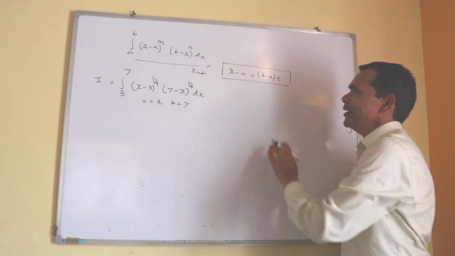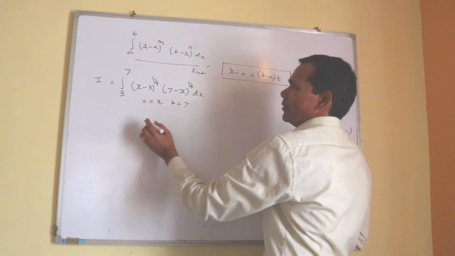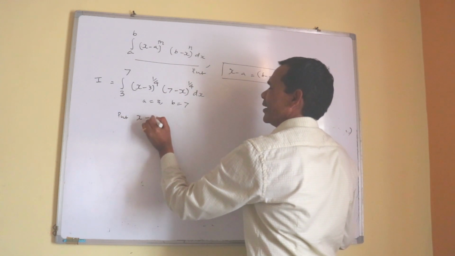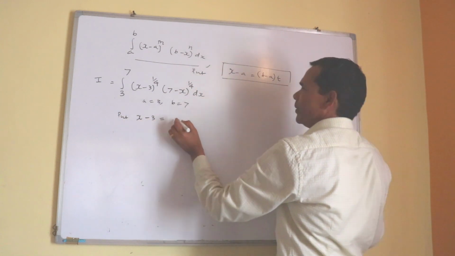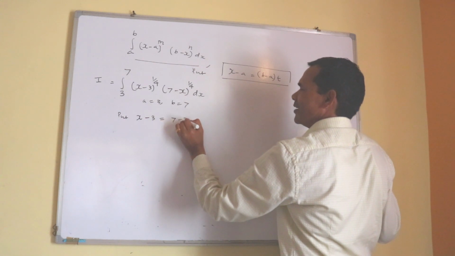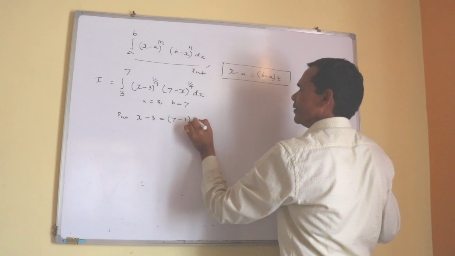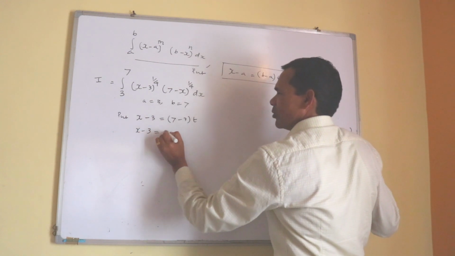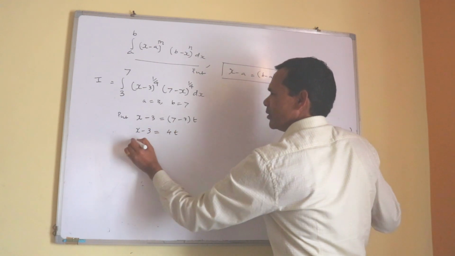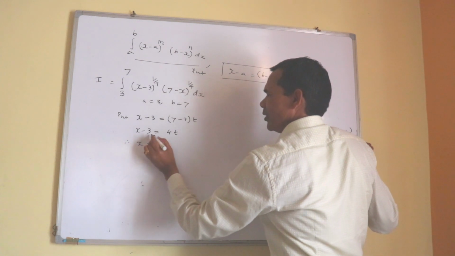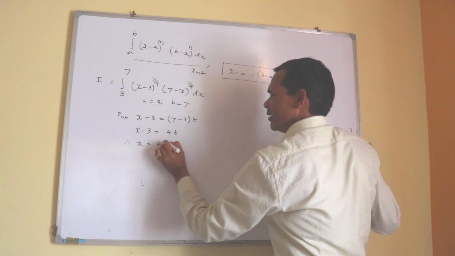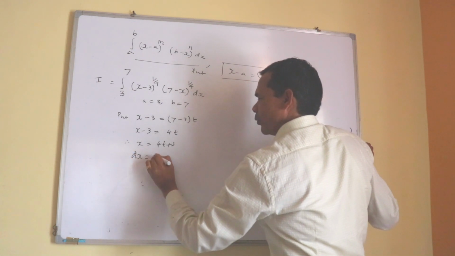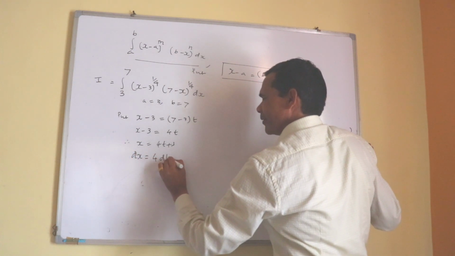The substitution, as I said, is to put x minus a, that is x minus 3, equal to (b minus a), that is 7 minus 3, into t. So x minus 3 is equal to 4t. Therefore x is equal to 4t plus 3, taking the minus 3 to this side, so dx is 4 times dt.